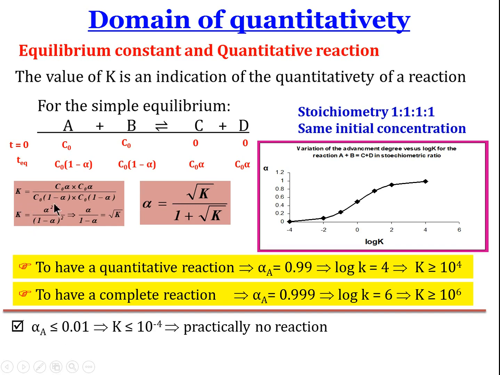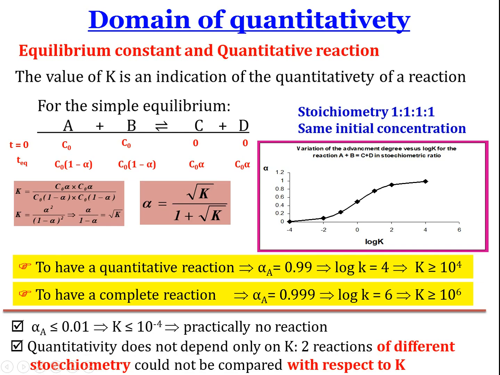That means if you look at this relation, K is less than 10 to the power minus 4. K less than 10 to the power minus 4 means alpha less than 0.01, means that this reaction practically did not proceed, or it proceeded with a yield practically 0, around 0, so we can consider practically we don't have a reaction.